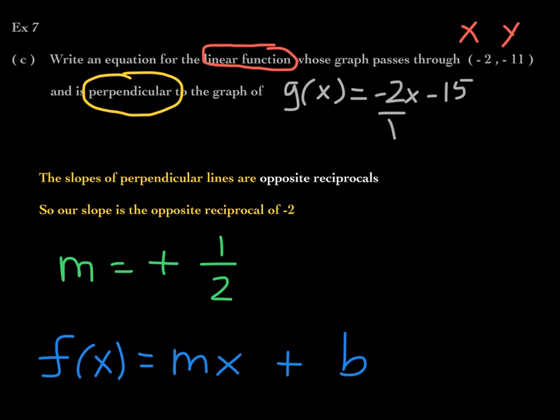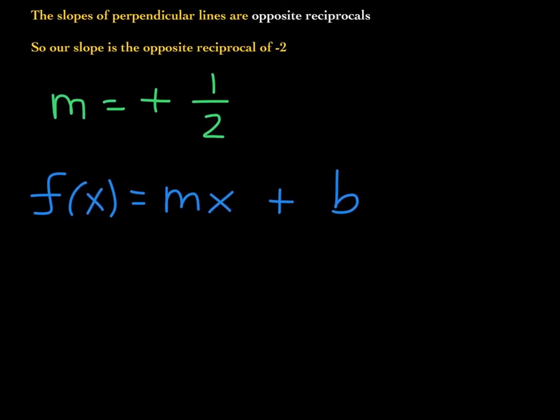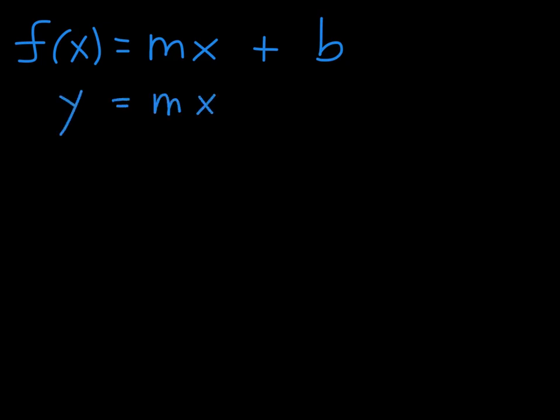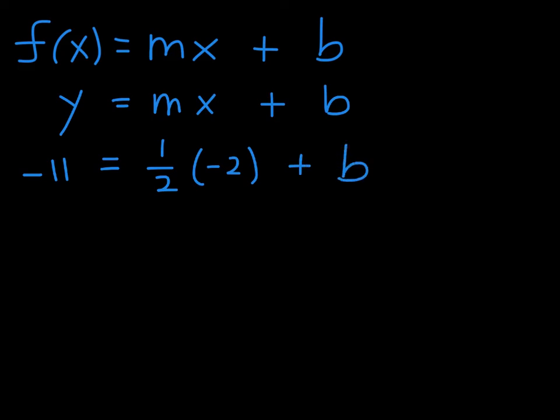Before I do that, though, f of x represents y, right, everybody? There we go. All right, so y is -11. Your slope is 1/2. X is -2, and we don't know what the y-intercept is yet.